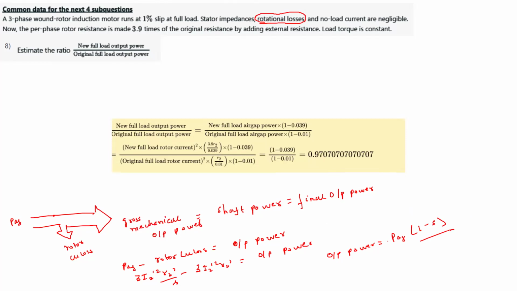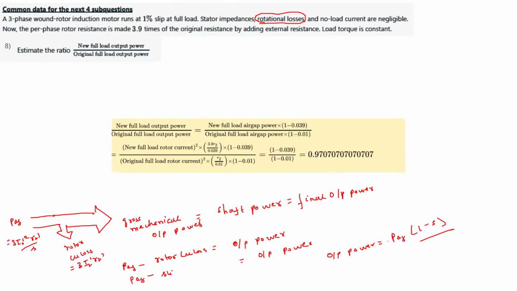If this is air gap power, what is rotor copper loss in terms of air gap power? Air gap power is 3 I2'^2 R2' by S, and rotor copper loss is 3 I2'^2 R2'. So in terms of air gap power, rotor copper loss is air gap power into slip.